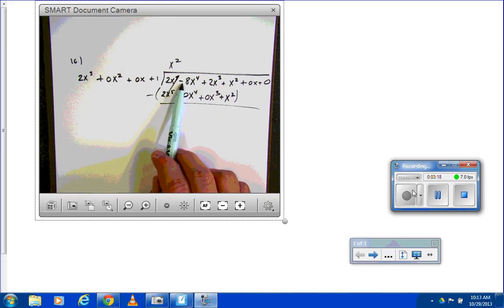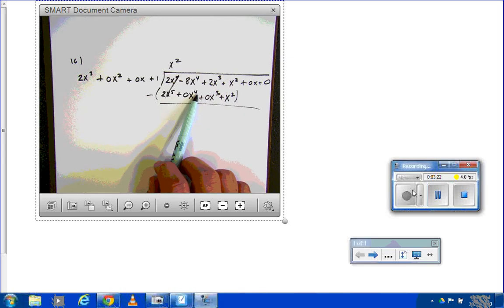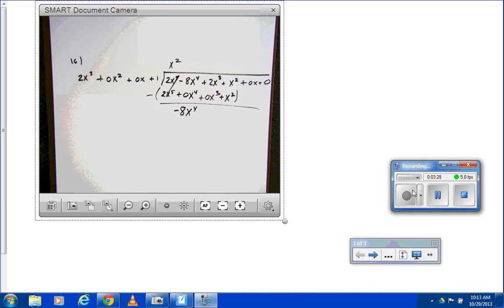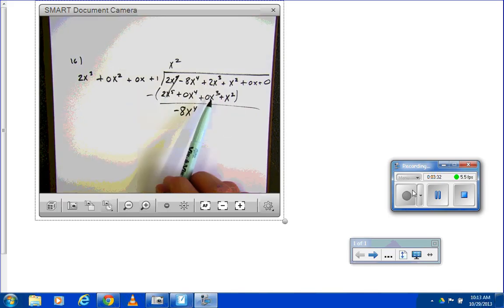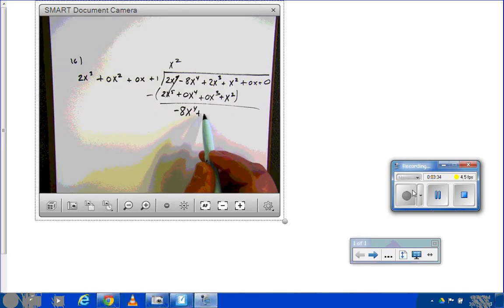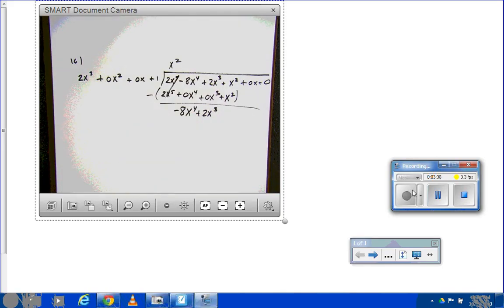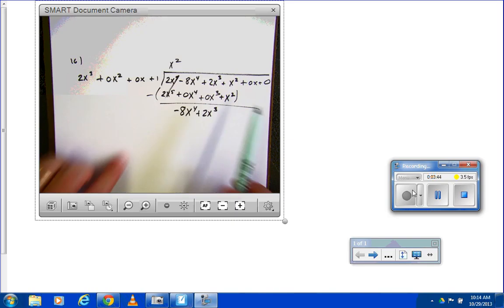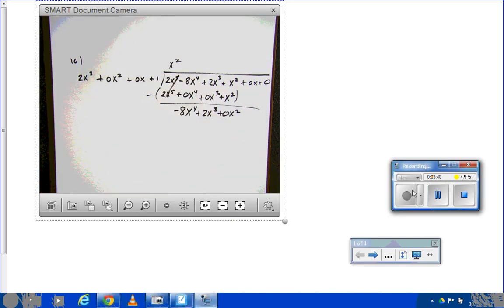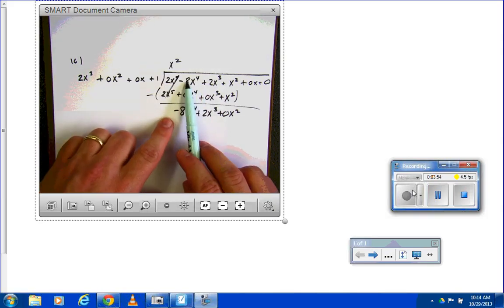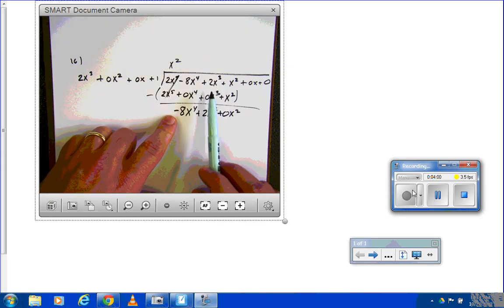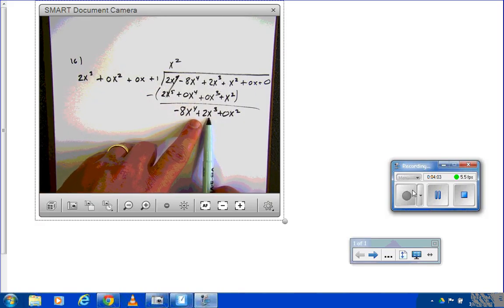Negative 8x to the 4th minus 0x to the 4th is negative 8x to the 4th. 2x cubed minus 0x cubed is just 2x cubed.